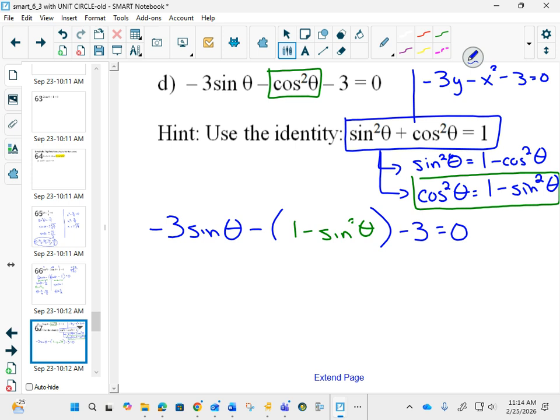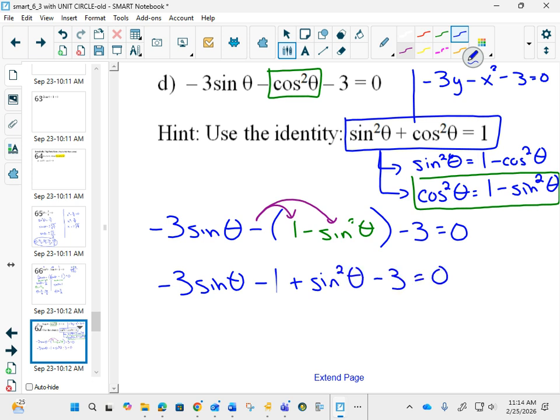The brackets are important because this negative sign will distribute to both of those. And I'll have minus 3 sine theta minus 1 plus sine squared theta minus 3 equals 0. Now I have an equation just with sine.